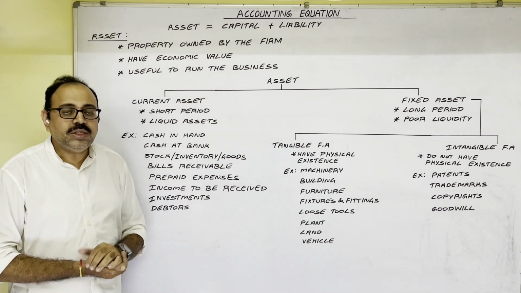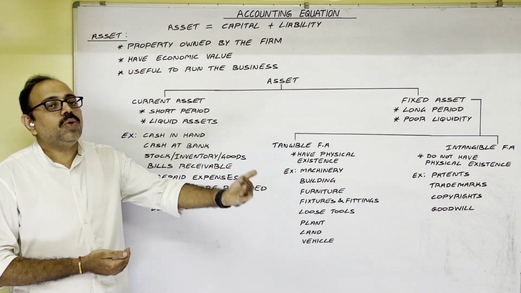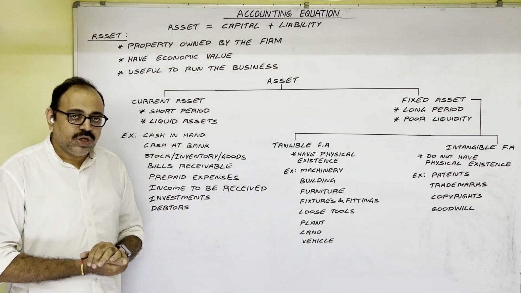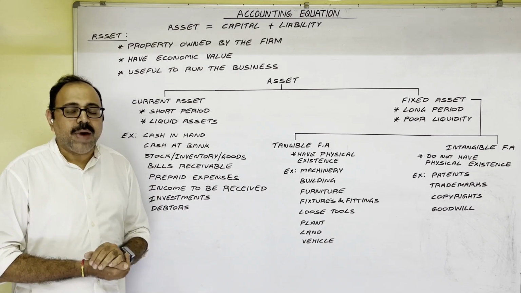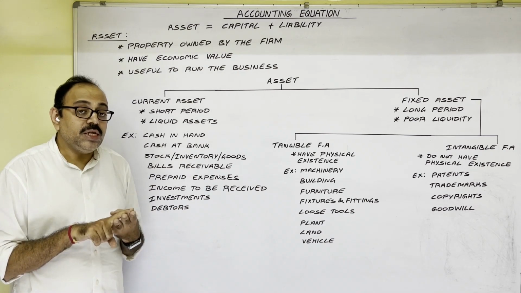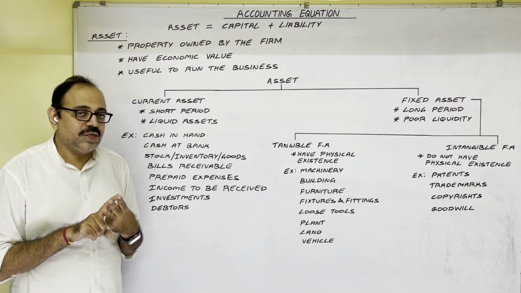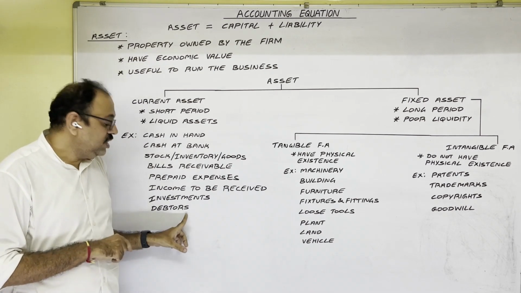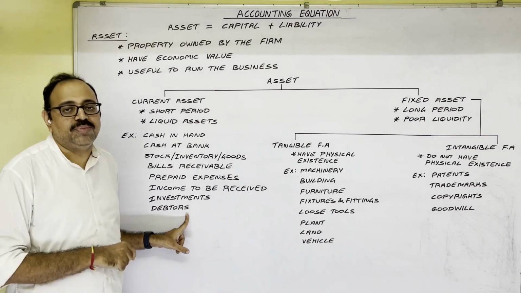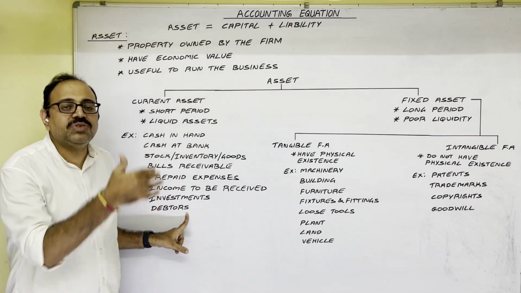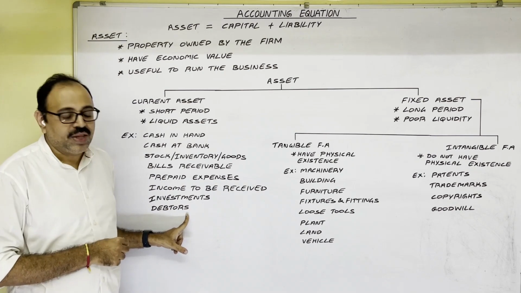So debtors means a person who is owing money to the firm, an asset to us, and while selling goods on credit to them, the maximum credit period allowed is 3 months, not more than that. So within 3 months, this debtor asset is going to convert into cash form, because within 3 months we are going to receive money from them.